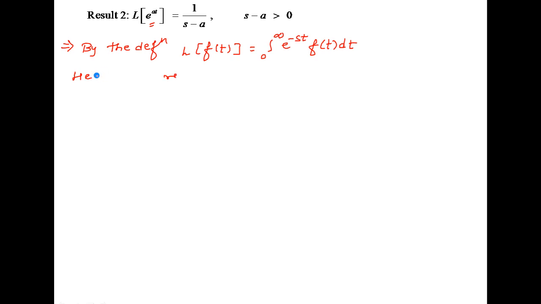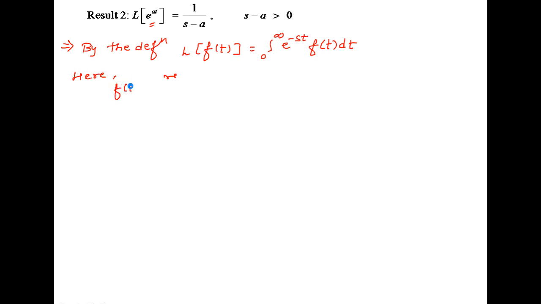Now let's see the second result. This I am going to prove here. Again by the definition, Laplace of f of t is equal to integration 0 to infinity e to the power minus st f of t dt. And here again, what is the function?